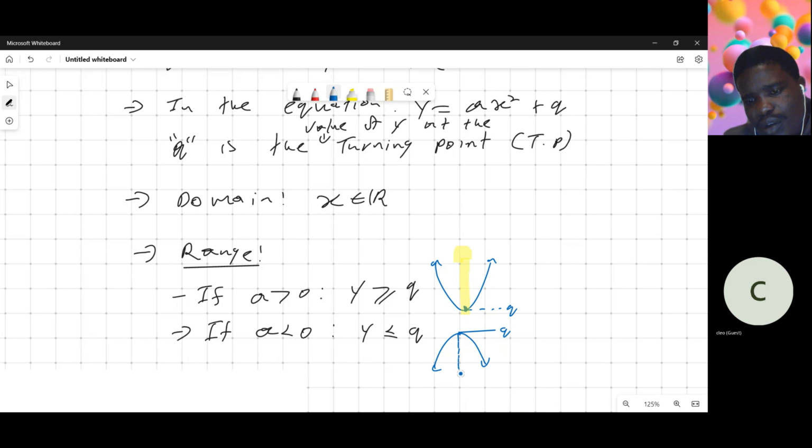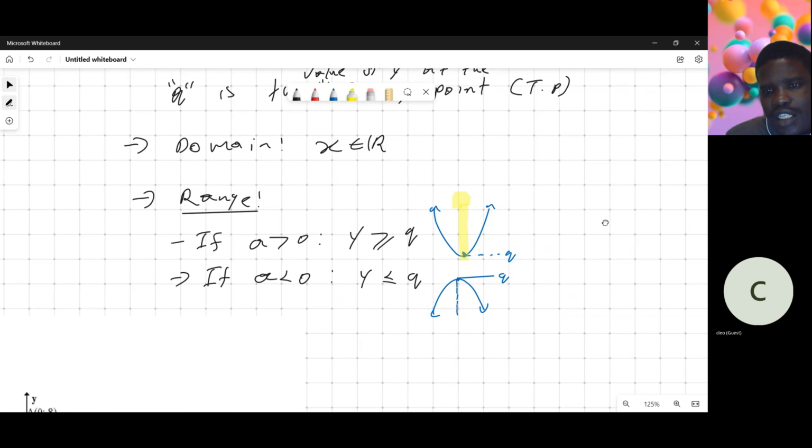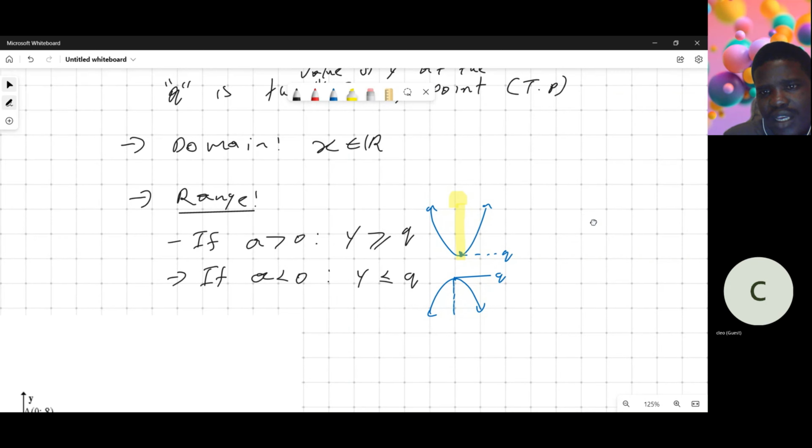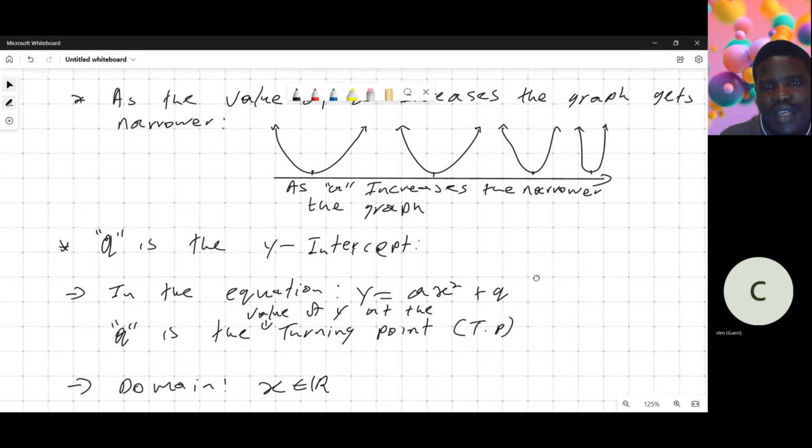So this will be your turning point, your y-intercept. From this point, the graph is going down, meaning the values of y will start from Q going down. That's why I say y is less than or equals to Q. That is the range.